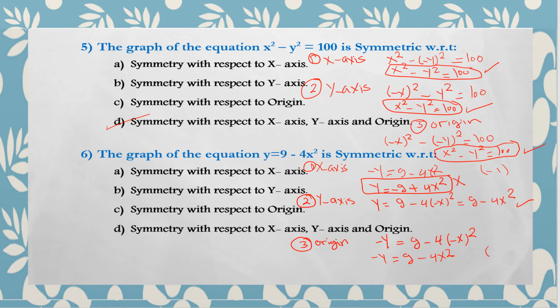By multiplying both sides by negative 1 in order to only get the value of y, we get y equals minus 9 plus 4x squared, and this is not equivalent to the original equation, so this function is symmetric with respect to the y-axis only, and the correct answer is B.